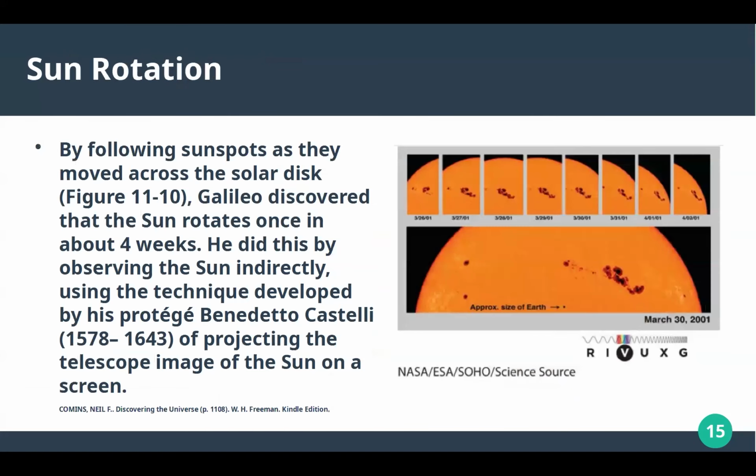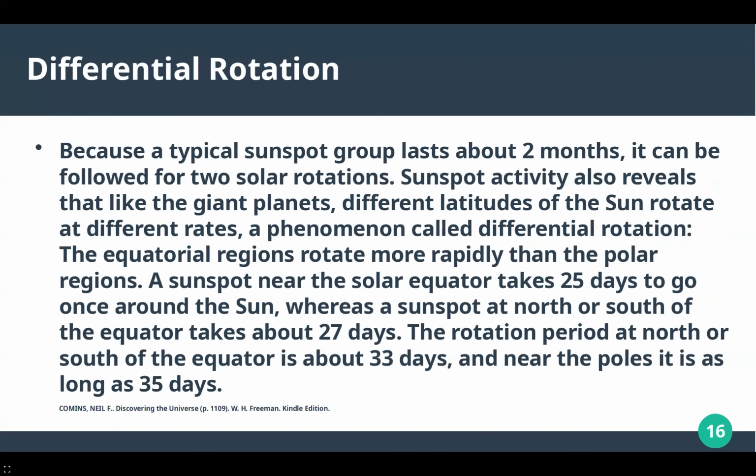By following sunspots as they moved around the solar disk, Galileo discovered that the sun rotates once in about 4 weeks. He did this by observing the sun directly or indirectly, using the technique developed by his protege Benedetto Castelli of projecting the telescope image of the sun on a screen. Because a typical sunspot group lasts about 2 months, it can be followed for 2 solar rotations.